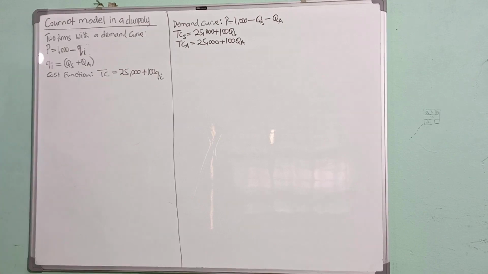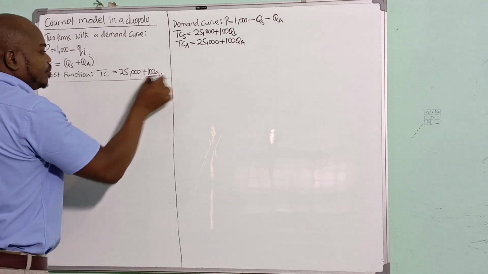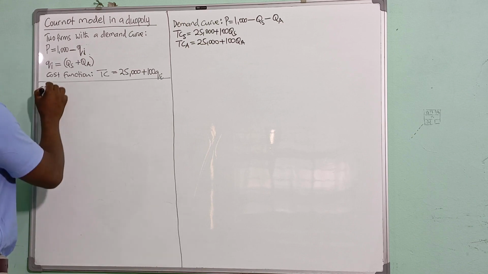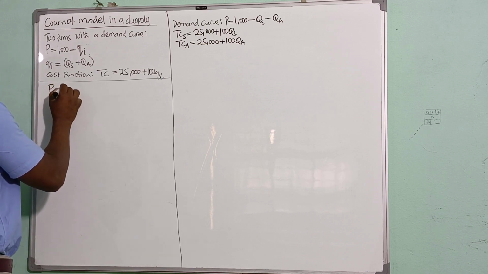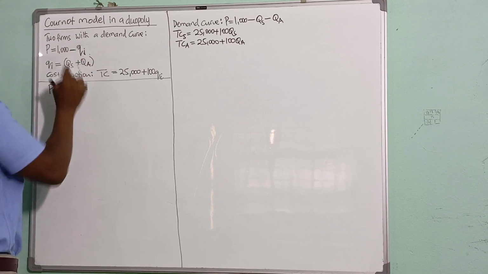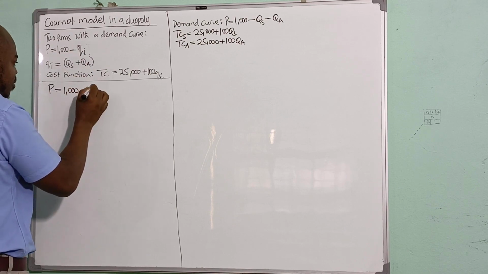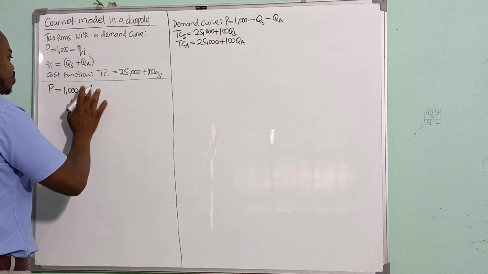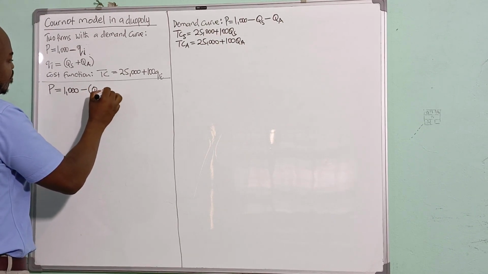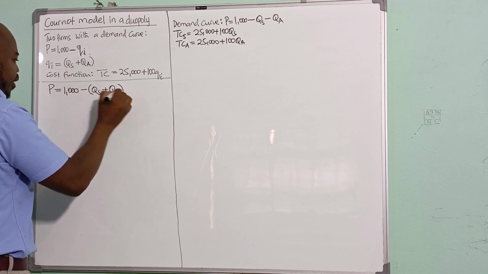First things first, we break down the equation in a manner that will help us proceed with the computations. P is equal to 1000 minus Q, and where there is Q, I'll replace it by opening a bracket and putting Qs plus Qa.